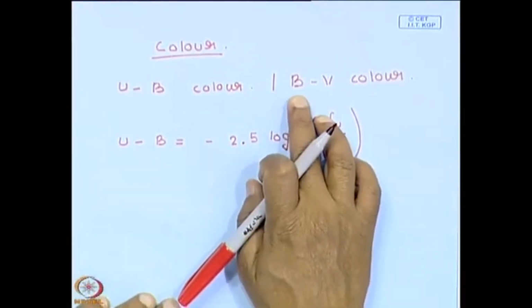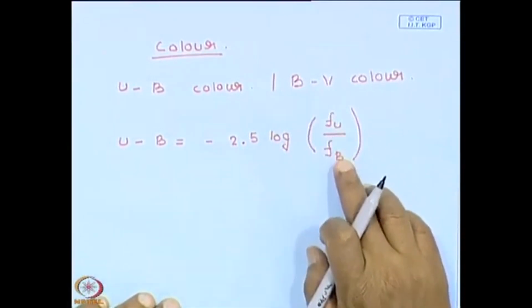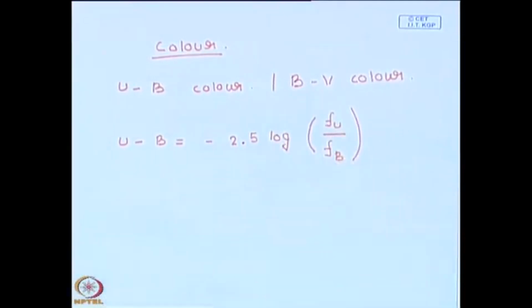This again will be the ratio of the flux in the blue band to the flux in the visual band. What do these colors tell us? The color gives us an estimate of what we actually mean by color when we use the word color in daily parlance.